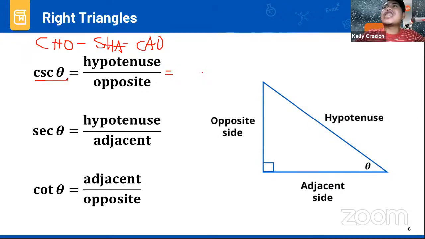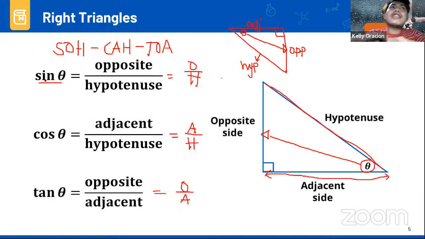Sec stands for secant. Okay. Anyway, cot. Cot means cotangent. Okay?